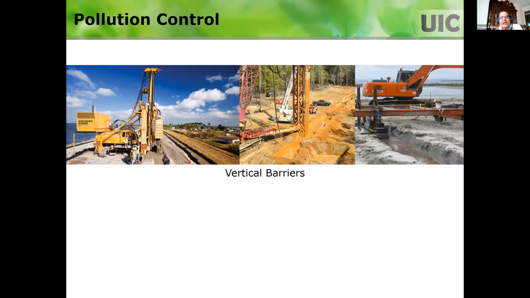Let's say you have a dump site, and things are leaking into the ground and moving horizontally. You can construct these vertical barriers all around the dump site so that nothing escapes from the contaminated site in the subsurface.